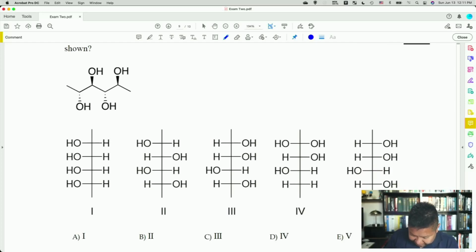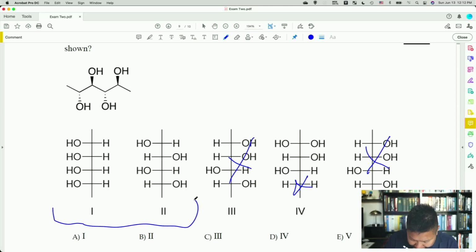Well, it definitely isn't this one here, right? Because it has an odd number. Can't be that one. And it can't be this one because this one has two hydrogens right here, when all four carbons have hydroxyls on them, right? Can't be this one too because it's an even number on the right side and the left side over here. So it can't be 1, 3, and 1. That can't be right either. So it's really between this one and this one, okay?